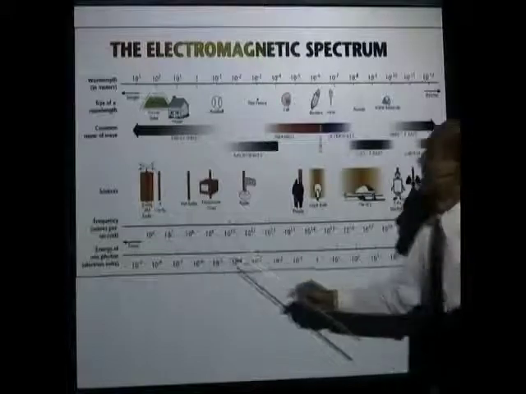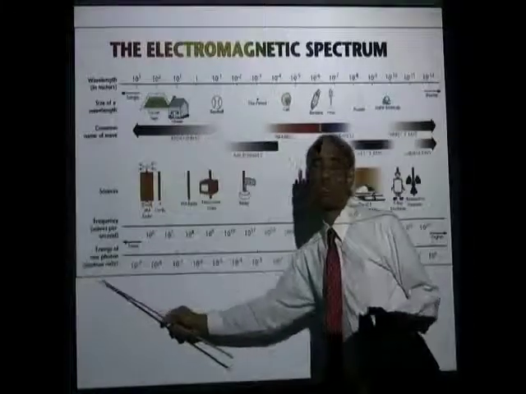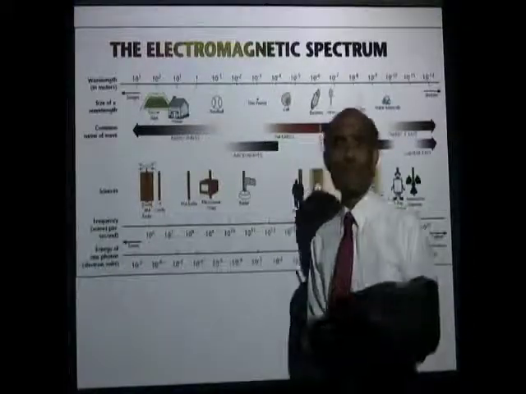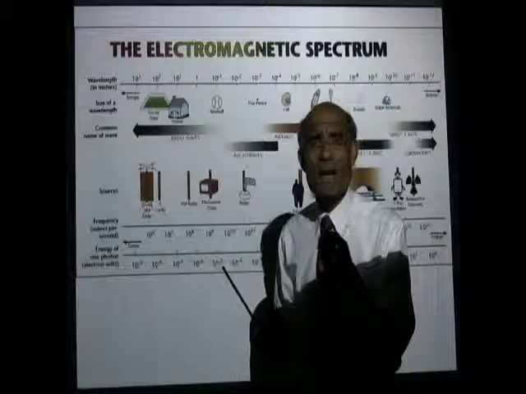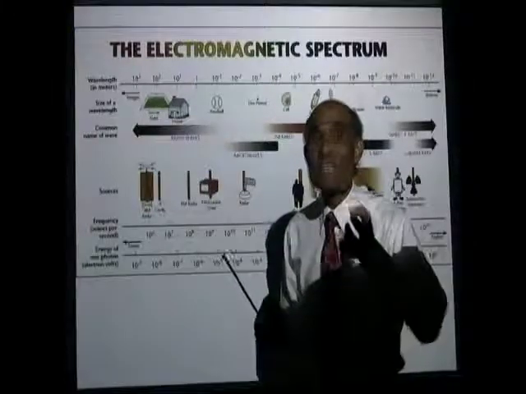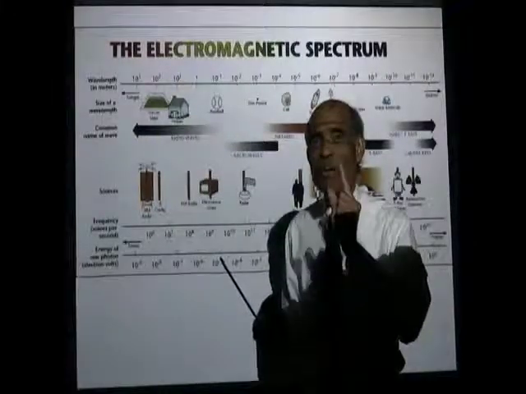You can see the energy is given in electron volts. An electron volt is the energy acquired by an electron when it is accelerated by just 1 volt.